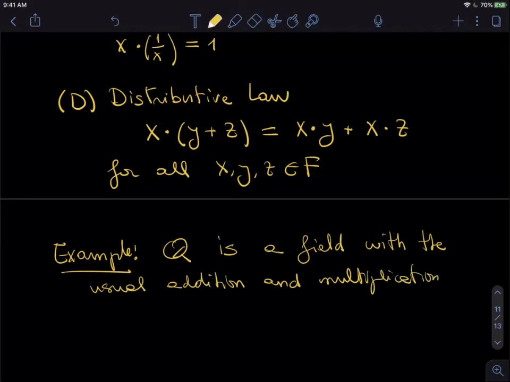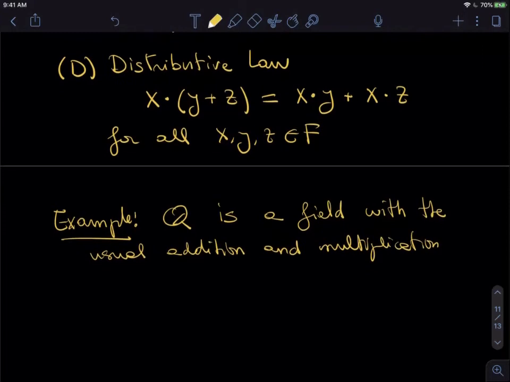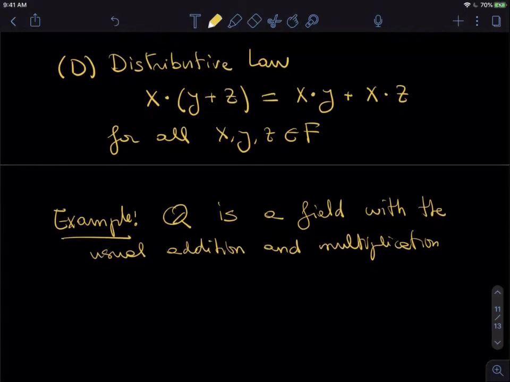Okay. Here, I will leave this as an exercise for you to check all these 11 axioms, check them one by one, and see that actually they hold.